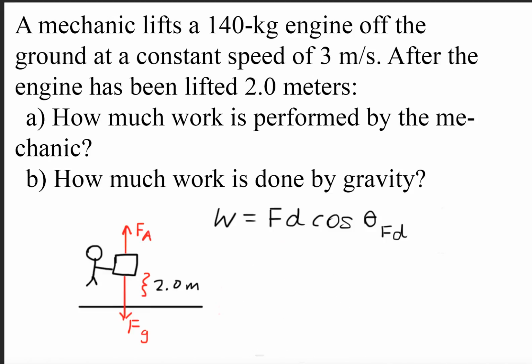Then the next problem that happened was we weren't given what the force was. We had to figure out what the applied force was. And in order to do that, we used Newton's second law. And we summed up the forces acting in the y direction and set that equal to the mass times the acceleration in the y direction.